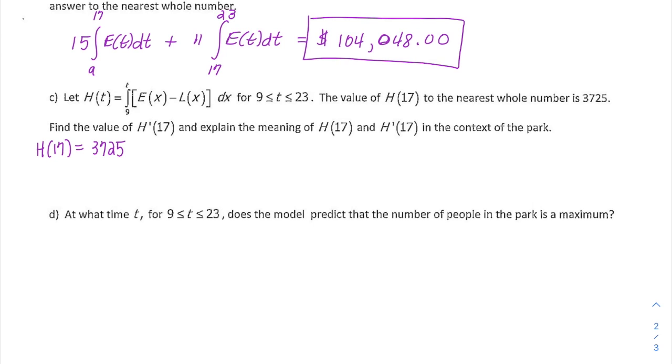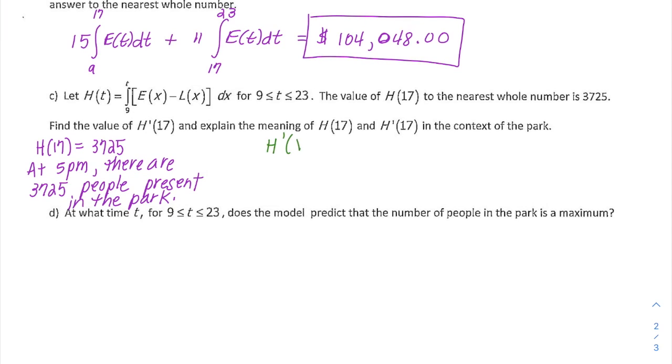So at t equals 17, which is 5 p.m., there are 3,725 people present in the park. A lot more people have entered, but since people have left, this is how many people are currently in the park.